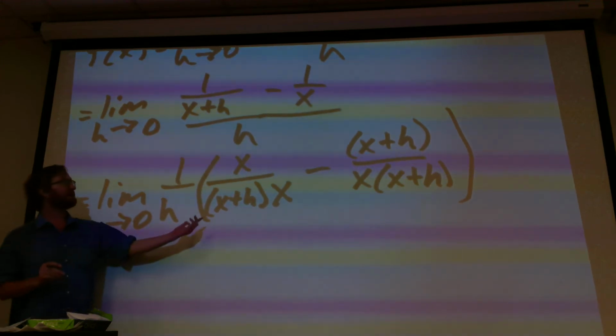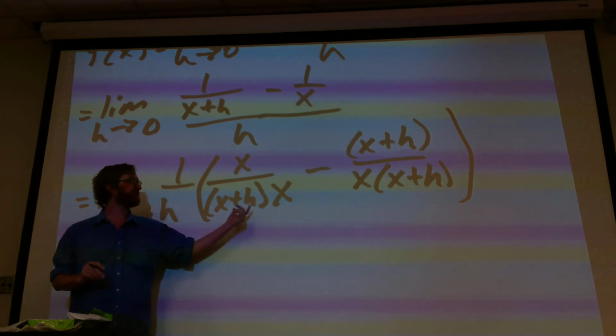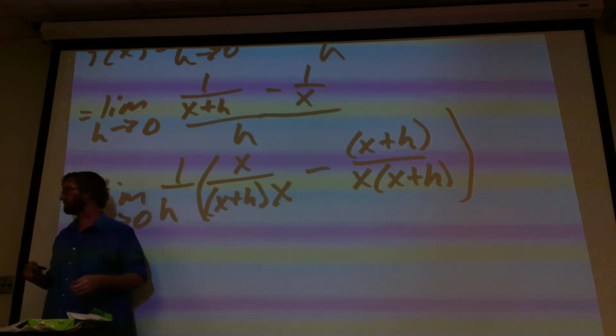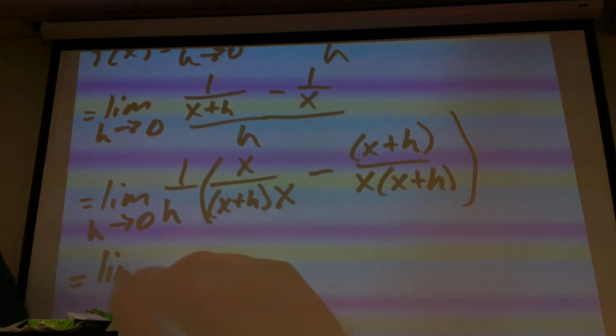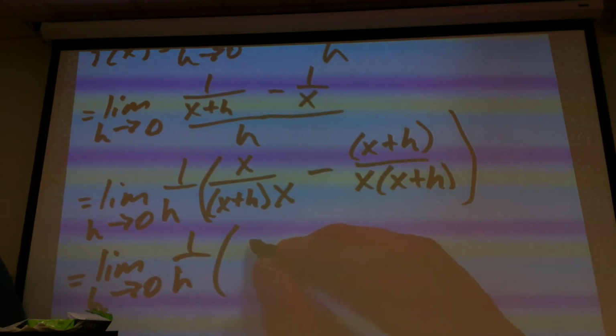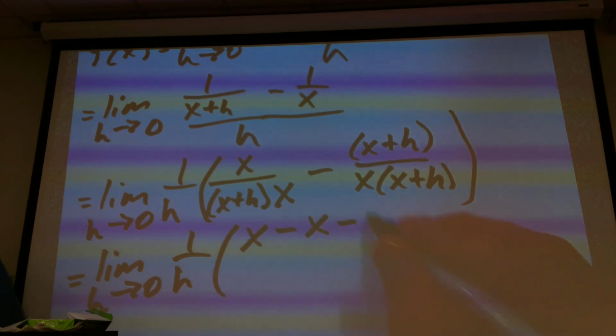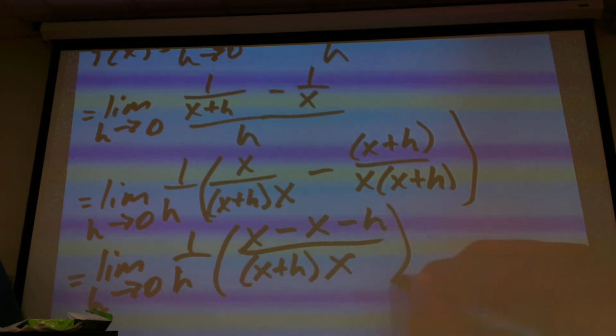Multiplication is commutative in this class, so it doesn't matter how I order the factors. So this is going to equal the limit as h tends towards 0 of 1 divided by h times x minus x minus h, divided by x plus h and x.